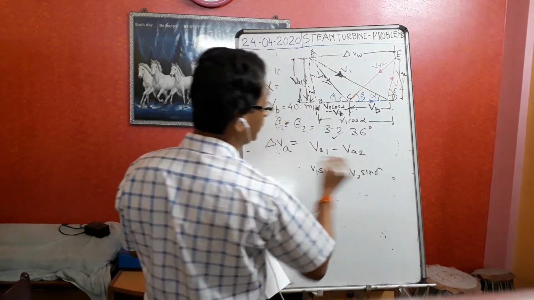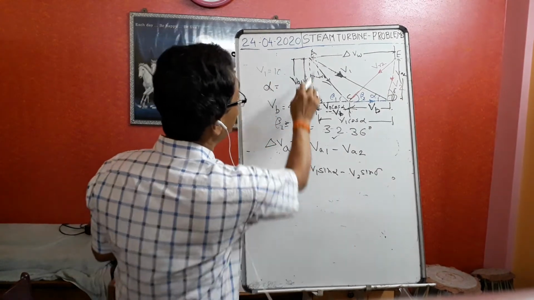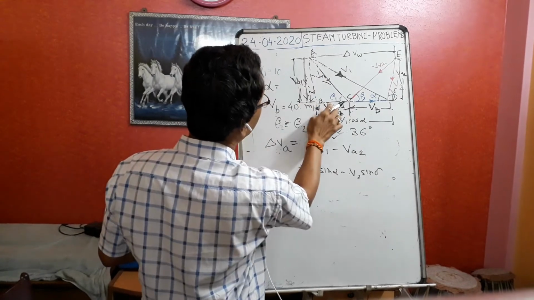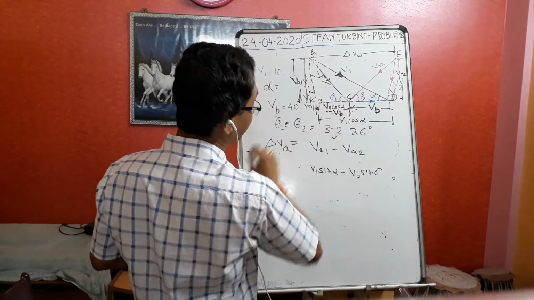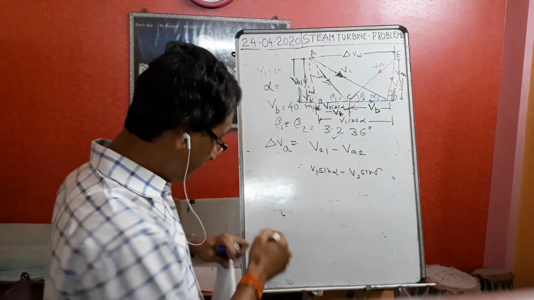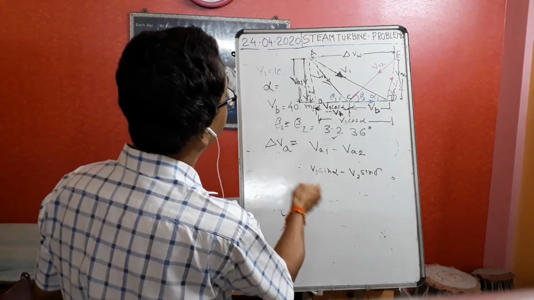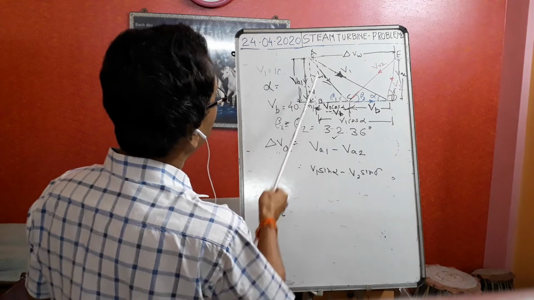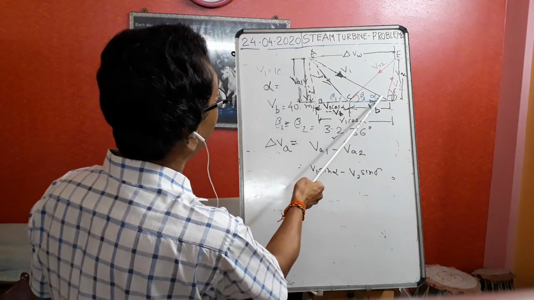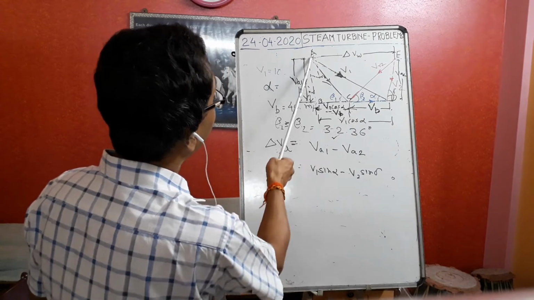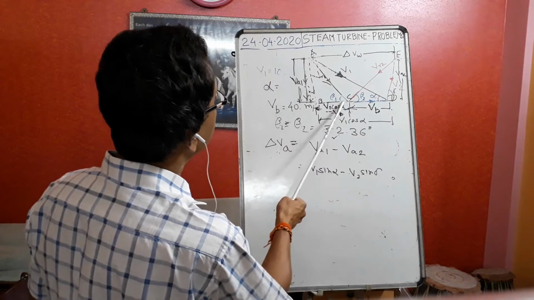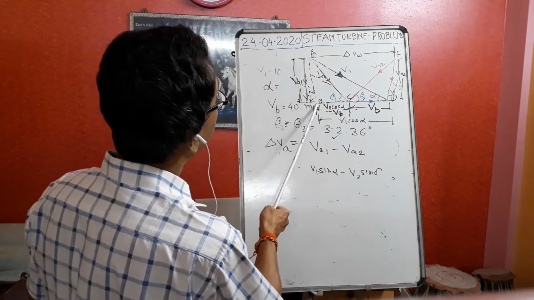But we will not use this equation. V1 sin alpha and VR1 sin beta 1 are the same. If you consider this triangle ABD, what is the perpendicular? Perpendicular is V1 sin alpha. If I consider this triangle ABC, what is the AB perpendicular?